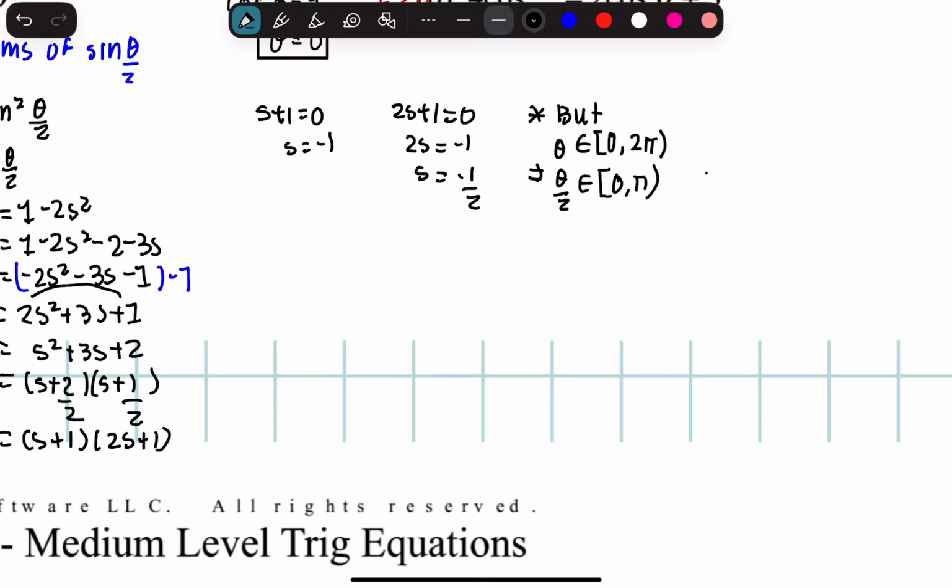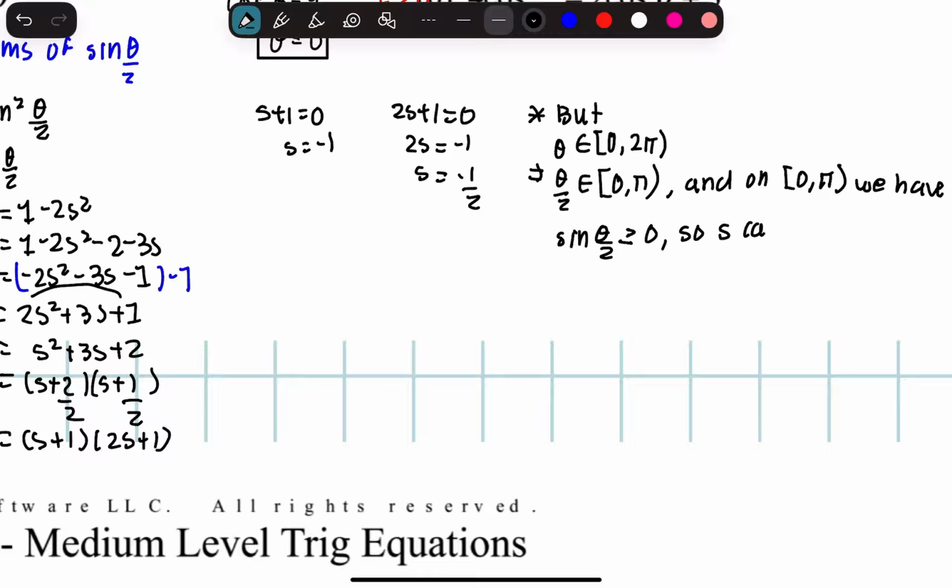And on 0 to pi, we have sine theta over 2 is greater than or equal to 0.